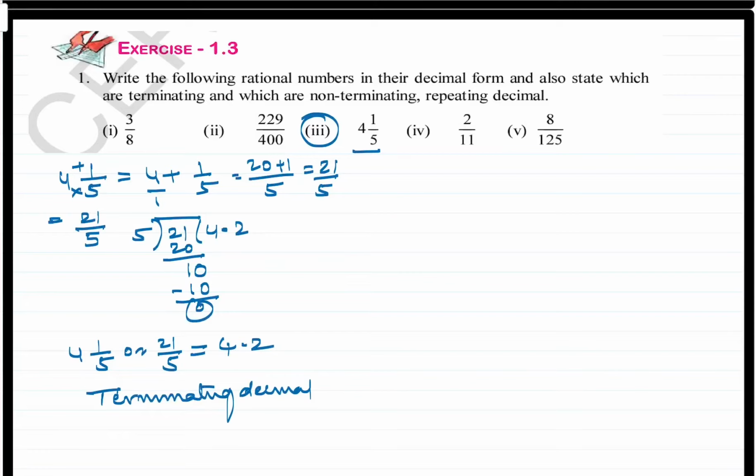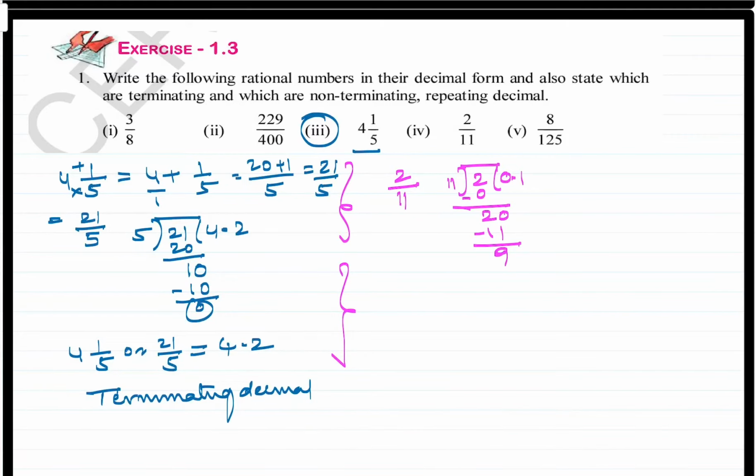Similarly, now we take another one, 2 by 11. 2 upon 11, 2 divided by 11. 11 zeros are 0, so 2. Keeping the point it becomes 20. 11 times 1 is 11.